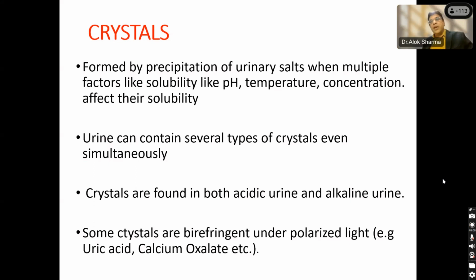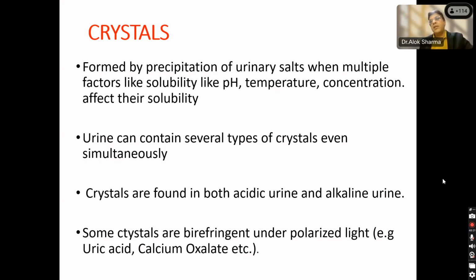If you do a lot of examinations, you can see that even in a given urinary sediment, you can have multiple crystals. You can have a urinary sediment which will show uric acid crystals along with calcium oxalate crystals, and even amongst oxalate, you can have both types of oxalate crystals. Simultaneously, a lot of crystals can be present in the same urinary sediment, and importantly, they can be found in both acidic and alkaline urine.